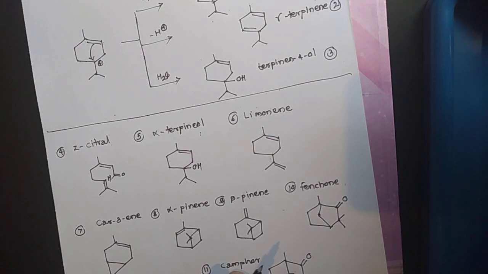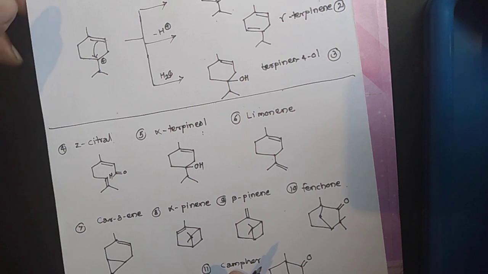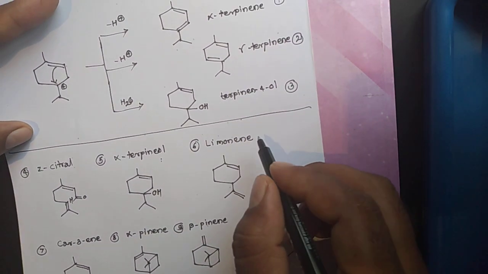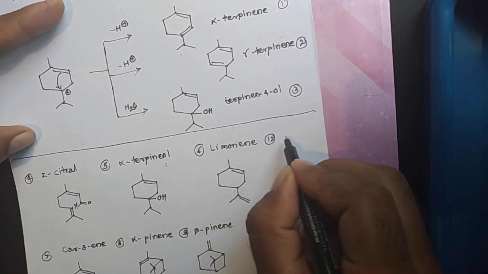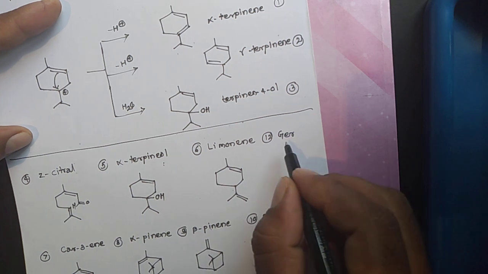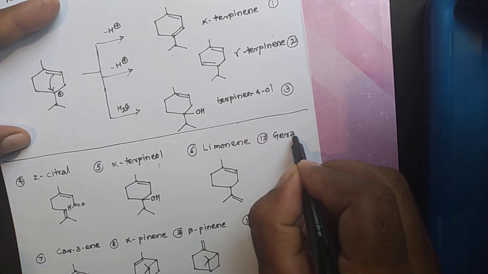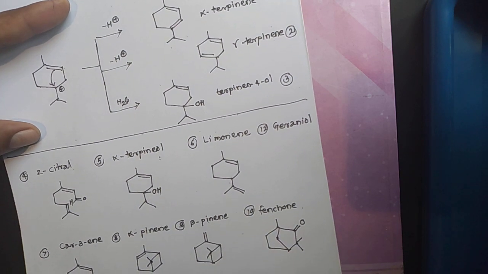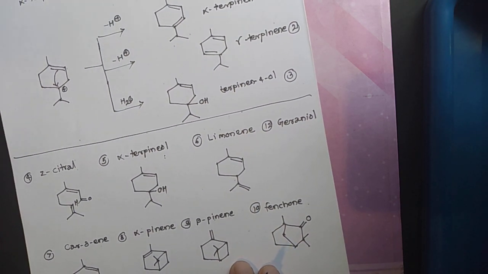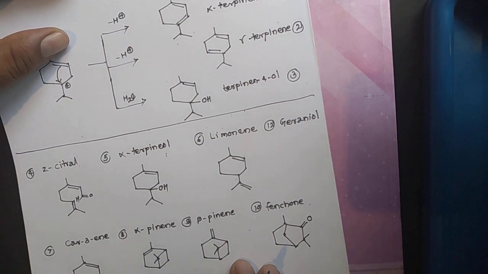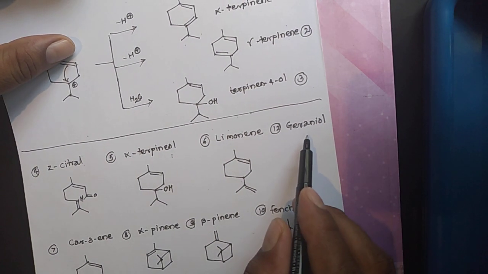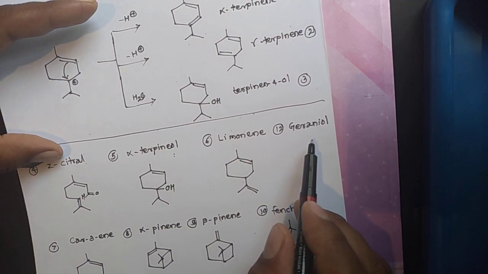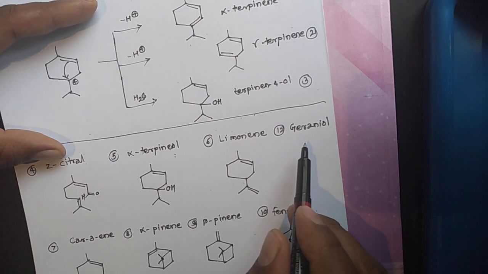I think geraniol also we have learned. Geraniol, 11, 12. Geraniol only we used to prepare the citral molecule initially, right?